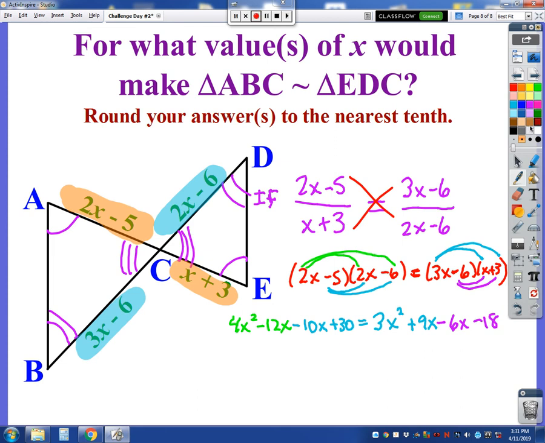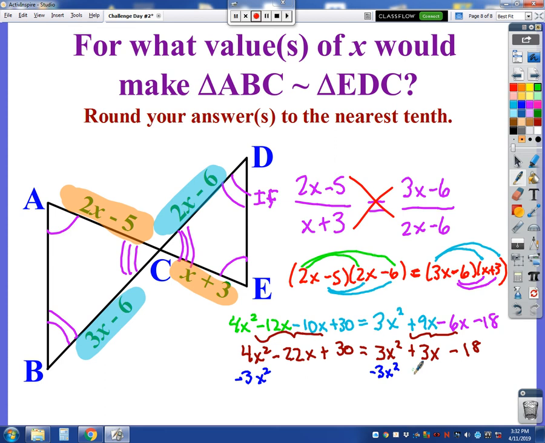So let's clean all of this up here. So we have 4x squared. We've got two x terms over here, so negative 22x plus 30 equals 3x squared. And we've got two x terms over here, which give us plus 3x, and then minus 18. Now, this is looking like a factoring problem, but I need to move everything over to the same side. So I'm going to subtract these 3x squared over to the 4x squared.